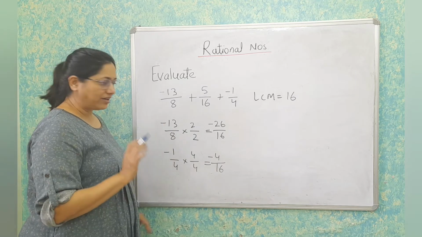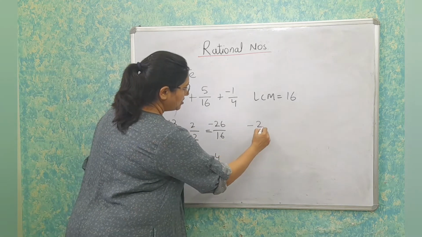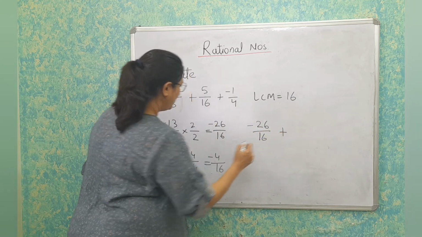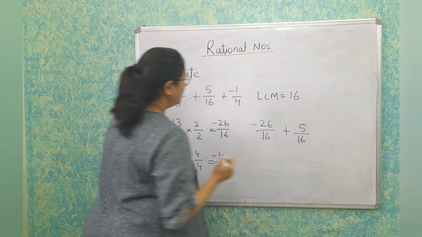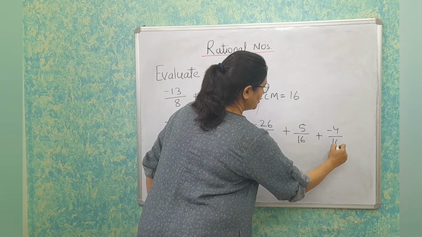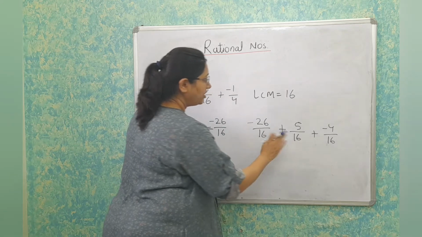So first I will write down all the rational numbers. First one is minus 26 upon 16. Then I have to put a plus sign. And the second 5 upon 16. And the last one minus 4 upon 16. See, these two rational numbers have negative numerators.